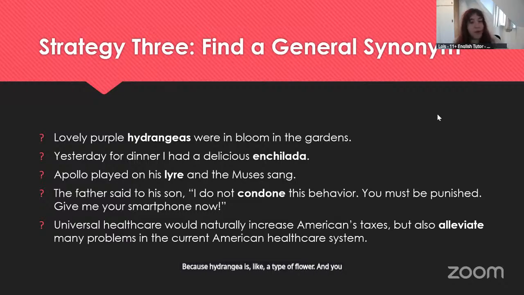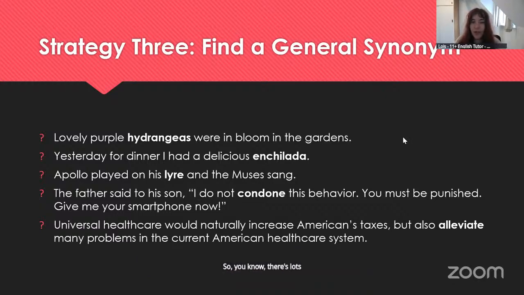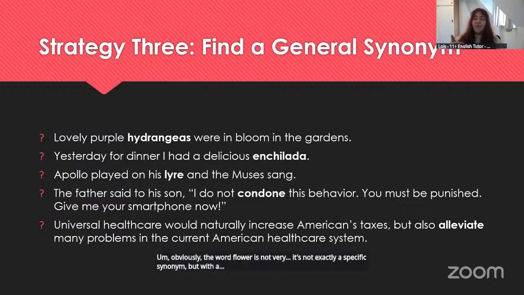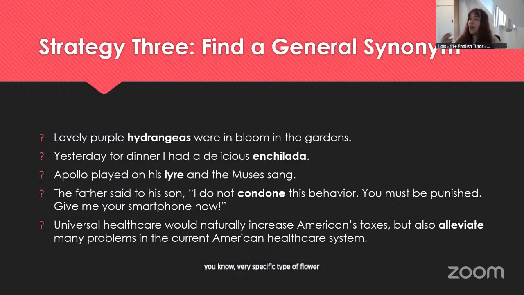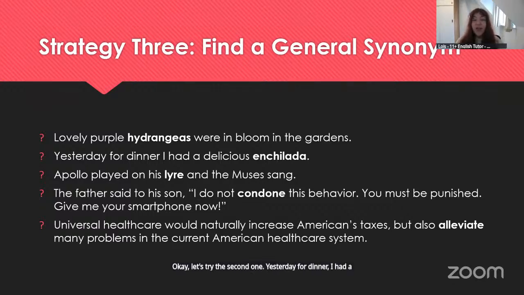And you can sort of tell from the clues, right? Lovely, in bloom, garden, and then the color as well. So there's lots of different clues that help you. Obviously the word flower is not exactly a specific synonym, but with a very specific type of flower, you're not going to really find one. So flowers is just fine. Okay, let's try the second one. Yesterday for dinner, I had a delicious enchilada.